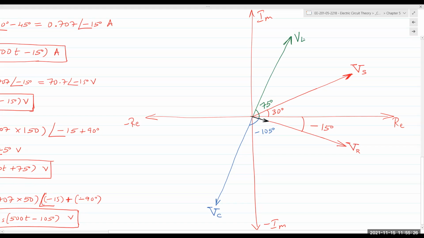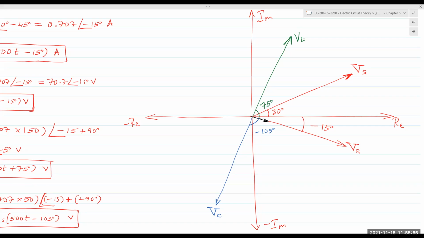That's it. That's our phasor diagram. Because it's a series circuit, the capacitor and inductor share the exact same current, which is I right here. Capacitor voltage is minus 90 with respect to the current. Inductor voltage, Eli, is plus 90 with respect to the current I. And because they are in the same circuit, they have a 180 degree out of phase relationship.